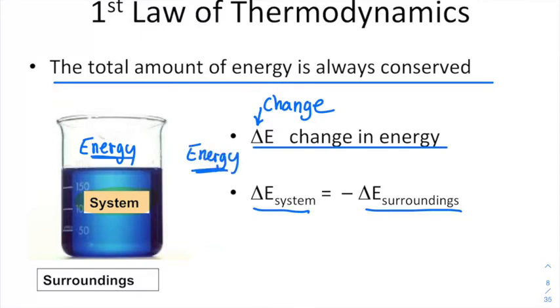So the value of energy, let's say energy lost by the system, is then going to be gained by the surroundings, or vice versa. So it's always the same amount of energy, it's just one of them is losing, the other one is gaining. And I'm going to talk to you more about that. But any questions about that idea that it will be the same quantity, it's just one of them will be losing that energy and the other one will be taking it in?